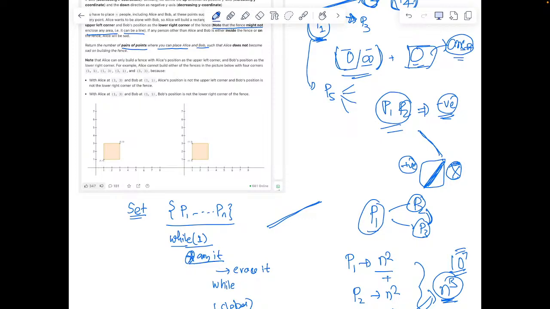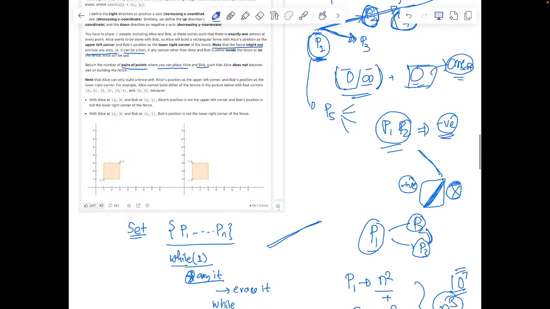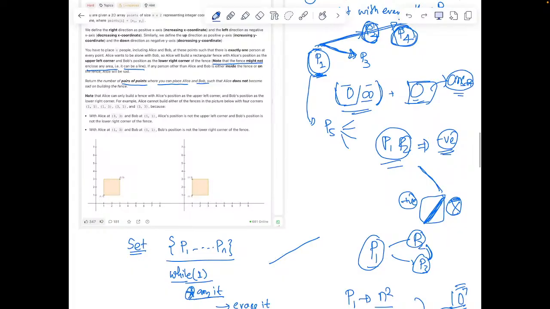This upper left, no, this is not upper left. This is a valid case. Positive has to be rejected, okay? This is a valid case. So what we can do is that we can form a boundary like this. Definitely we can do. And a boundary like this.